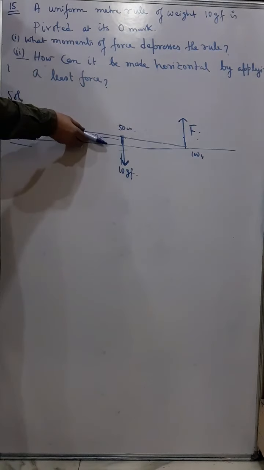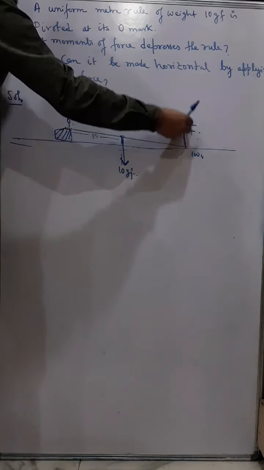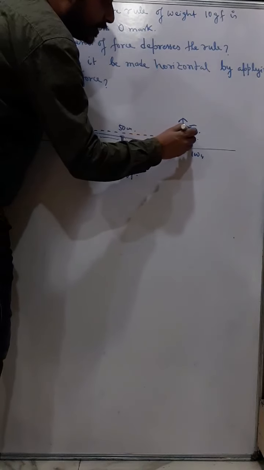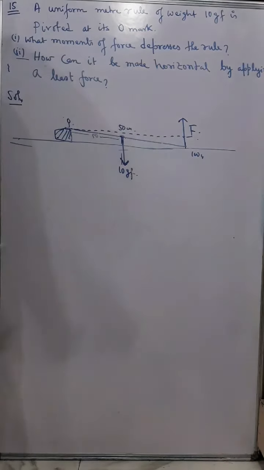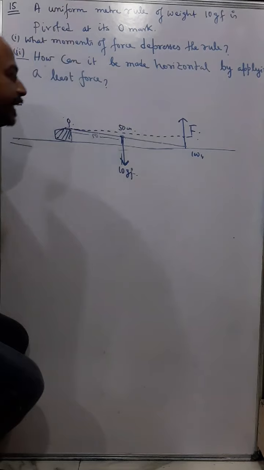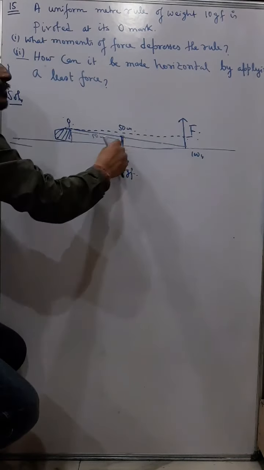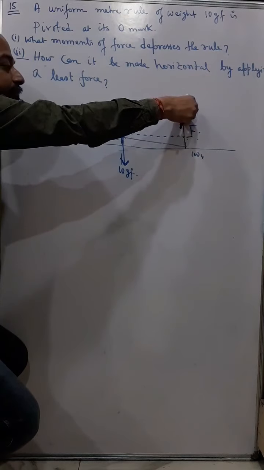So it was depressed like this, and if I pull it, now it becomes this, and in that case it will become horizontal. They told how it becomes horizontal. So when I pull it back, it becomes horizontal by applying a least force, and since it is horizontal, we can say that it is in equilibrium as long as I am holding it up.